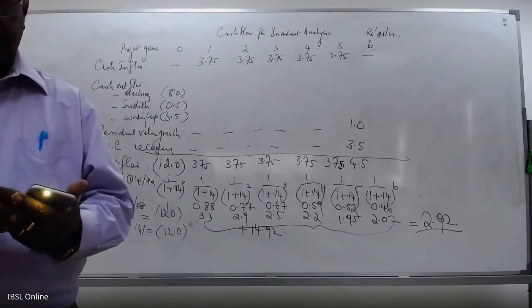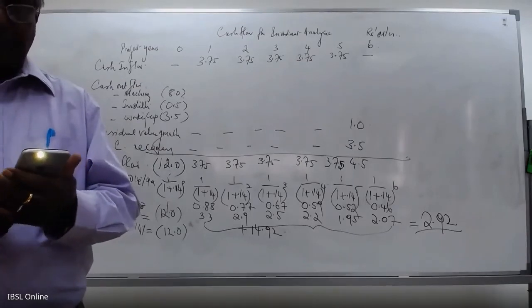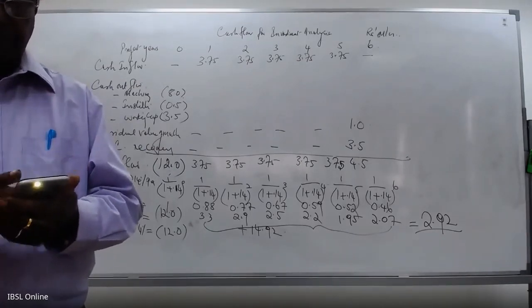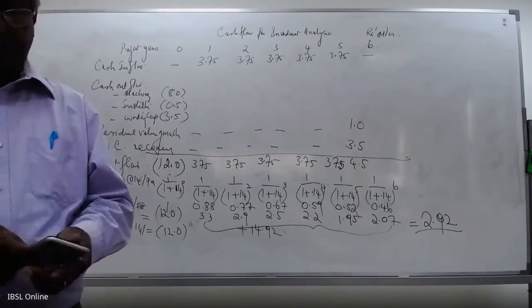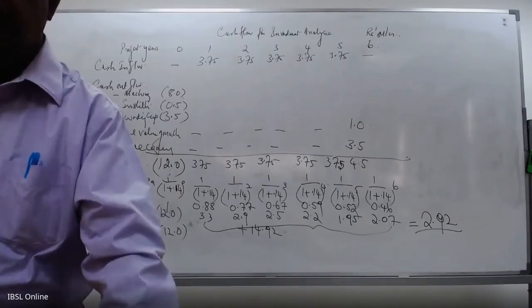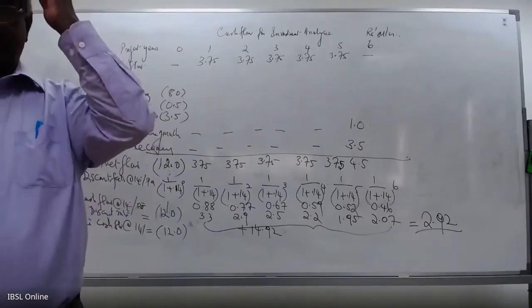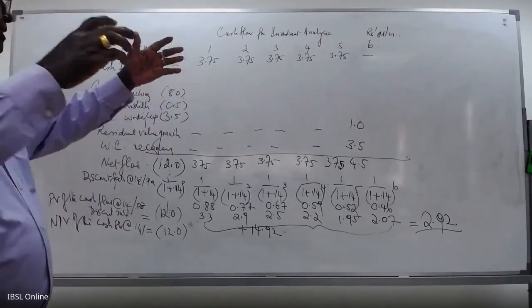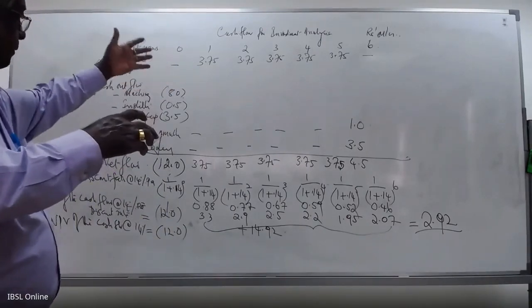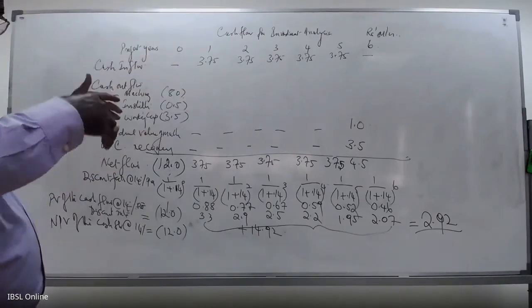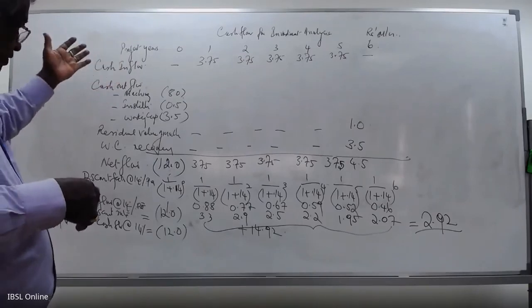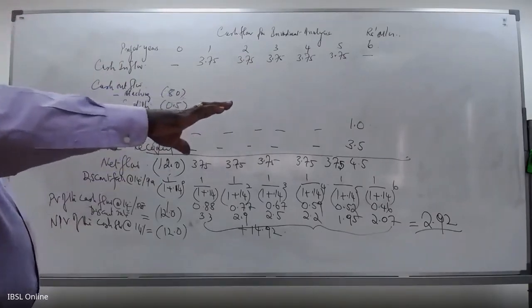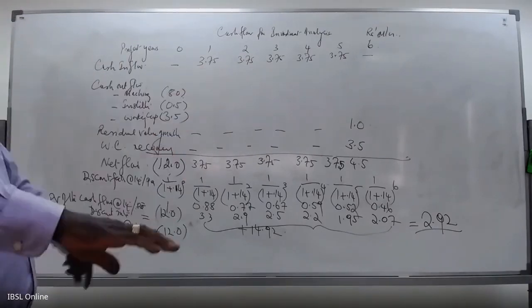Right. And then one more thing I have to tell you. We are doing all these things on market prices. All these prices, the 3.75 billion income, the 8 billion machinery cost, installation cost, everything, are market prices.